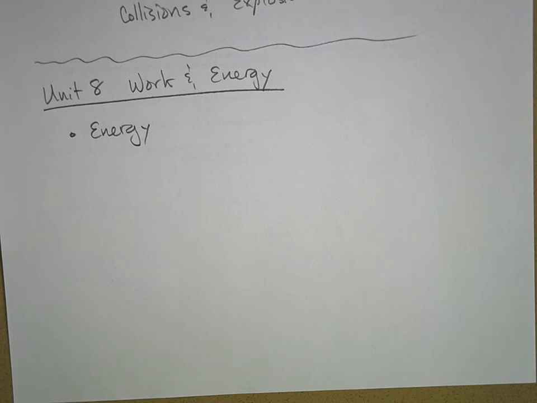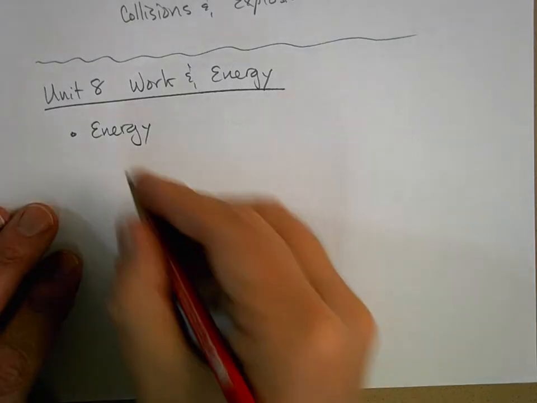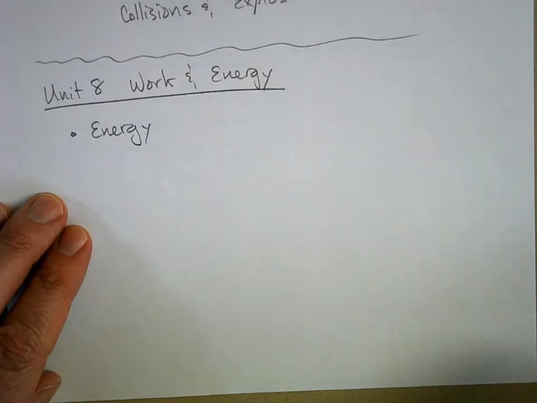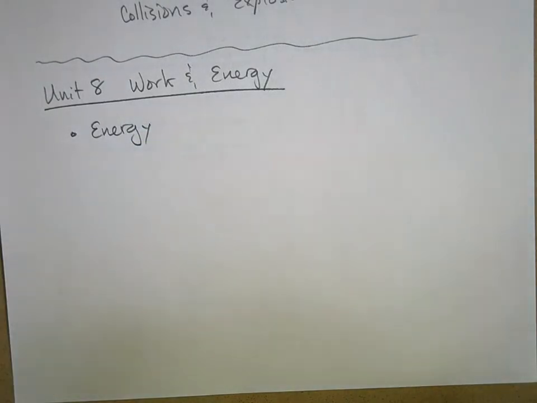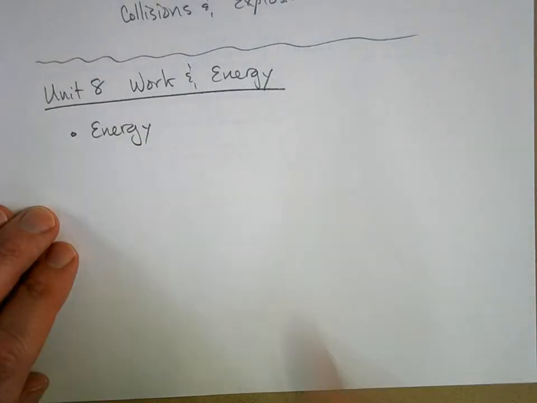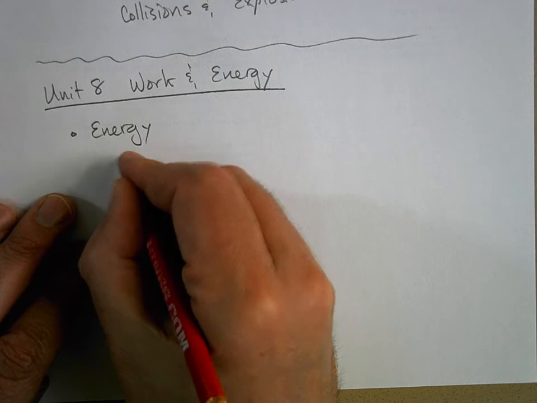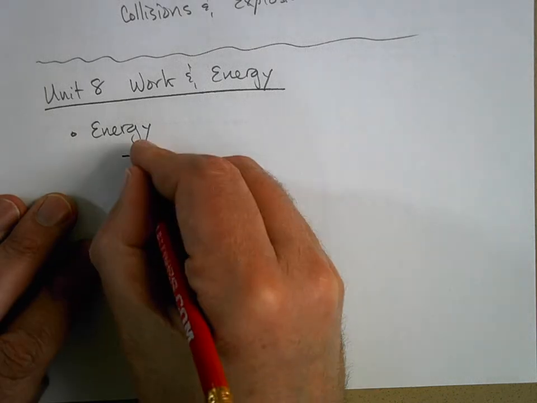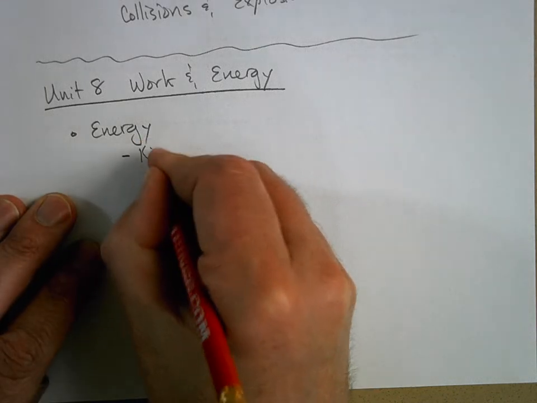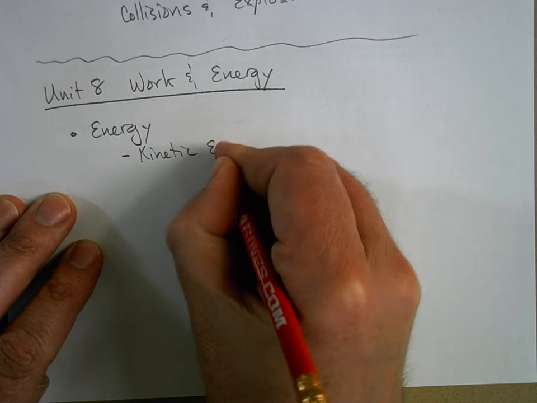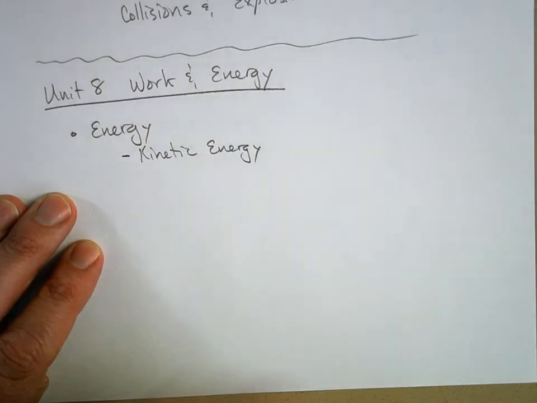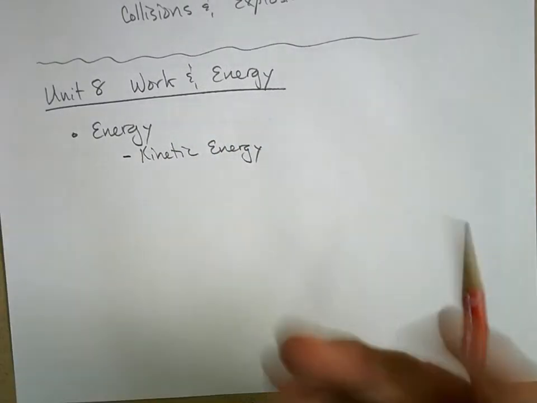Okay, and it comes in many, many forms. I'd like you to know what those forms are, or the way energy exists in nature. You have the energy of motion, which we call kinetic energy. Objects that are moving can make a change in their environment.